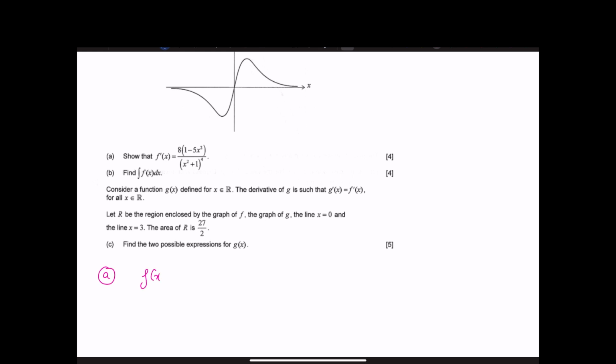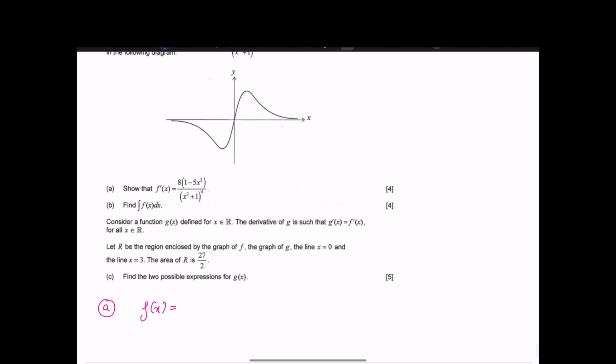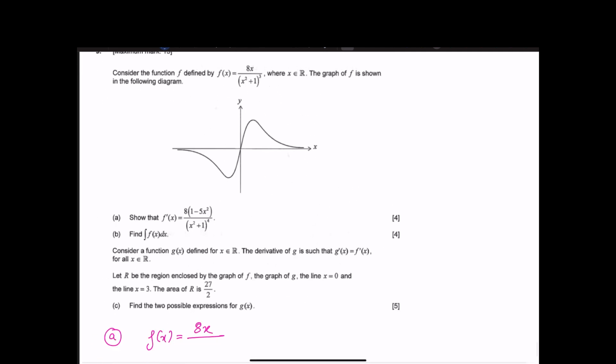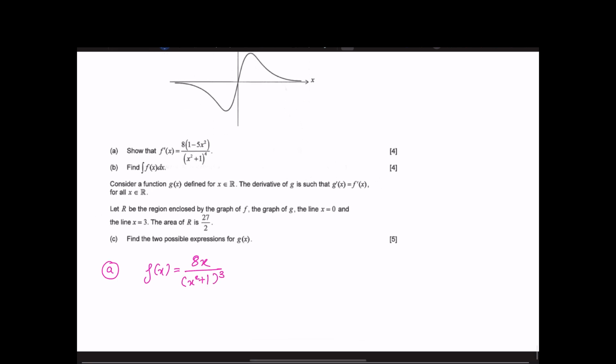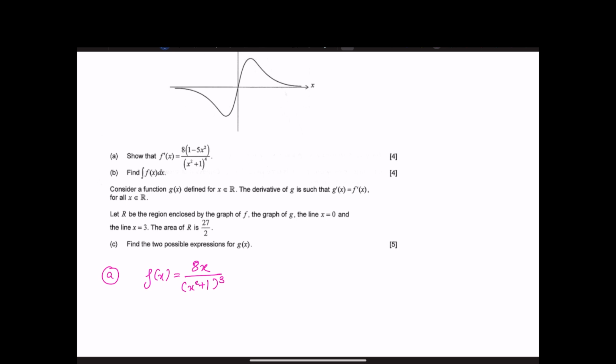Yeah, so f(x) is 8x divided by x squared plus 1 whole cube. I'll use the quotient rule to differentiate this function. Quotient rule says that I have to square the denominator, so x squared plus 1 whole cube, I will square this.